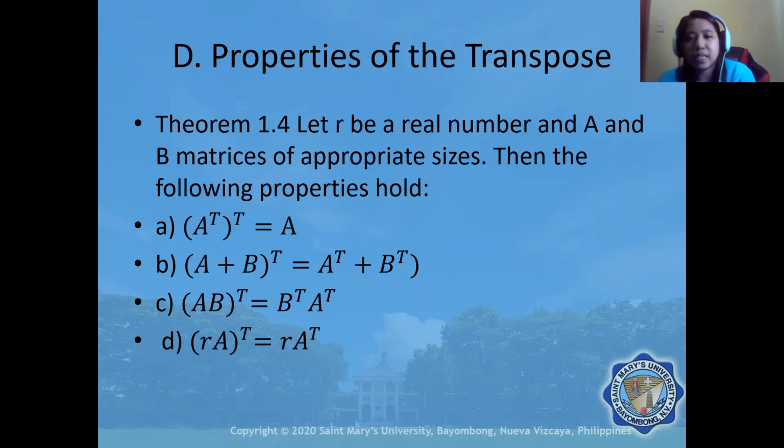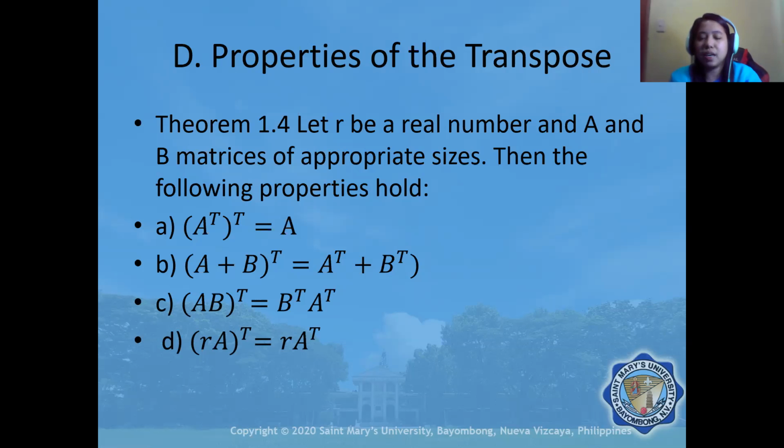And the transpose can also be distributed. So we have (A plus B) raised to t equal to A transpose plus B transpose. You will get the same matrix if you add the two matrices first before transposing it.